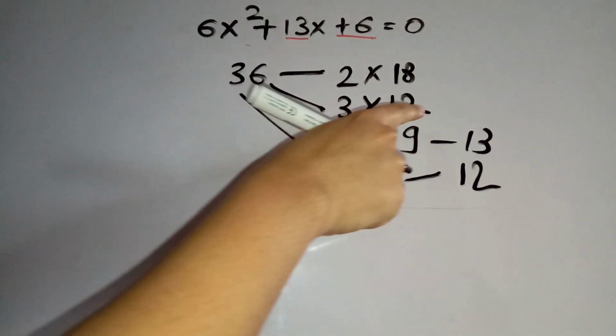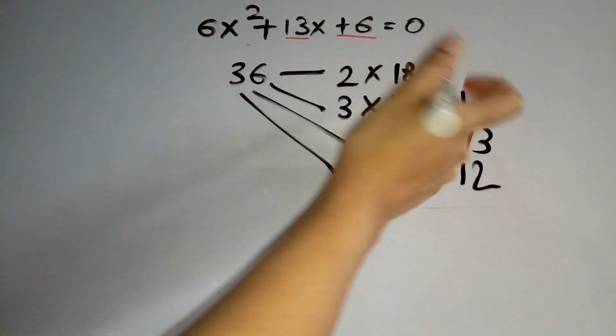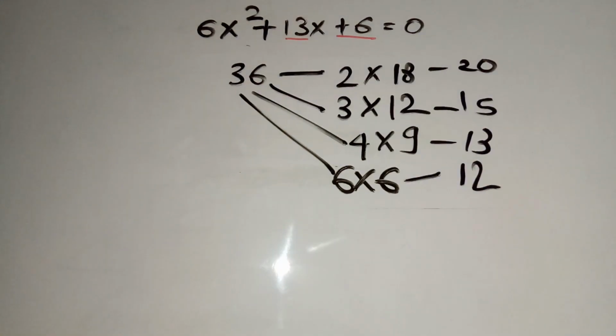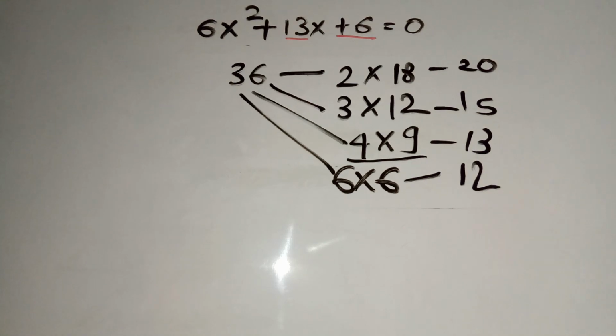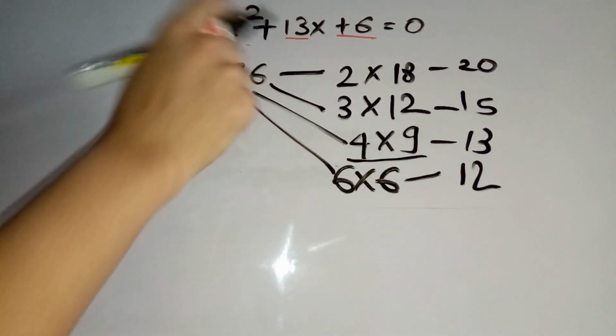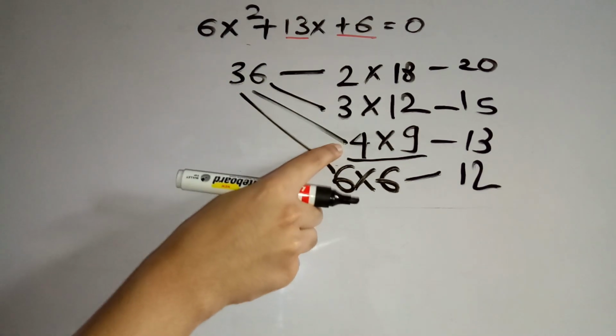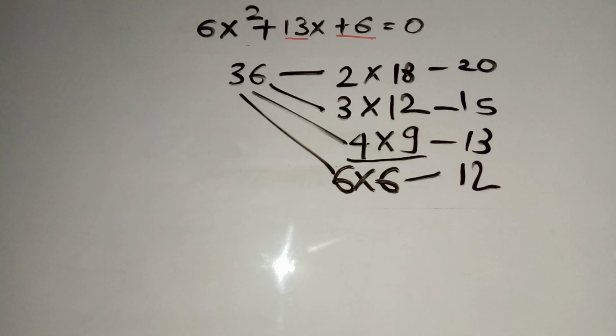So 3 plus 12 is 15 and 2 plus 18 is 20. So their addition must be equals to 13. So for 4 into 9, their addition 4 plus 9 is 13, which is our b value, and their multiplication is equals to 36, which is equals to our a into c, right? Even the signs are exactly the same.